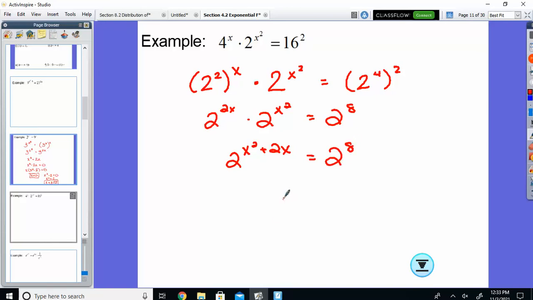So now we have the base once on each side, so we can drop the base, set the exponents equal. Subtract the 8.